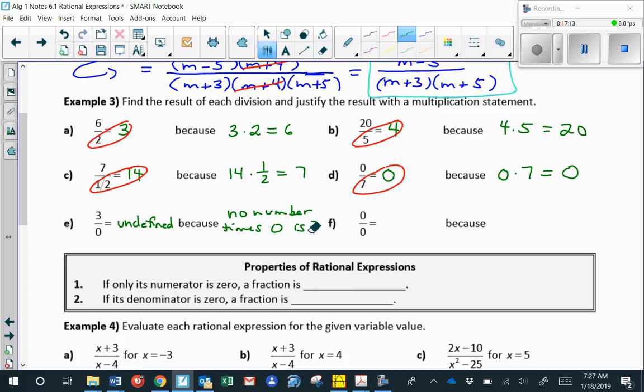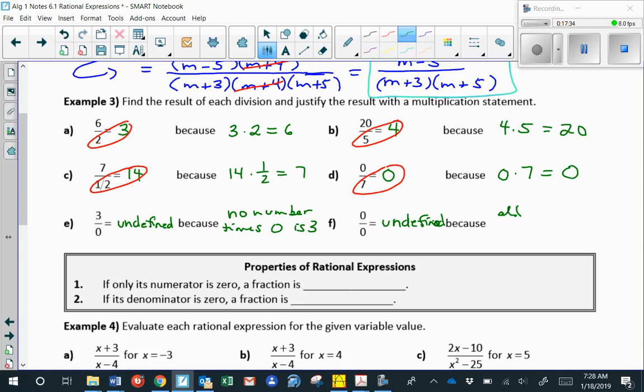Similarly, if we try to do 0 divided by 0, that's also undefined. Now, it's not because I can't think of a number that times 0 gives me 0. It's because it doesn't matter which number I pick. So that one's not defined.